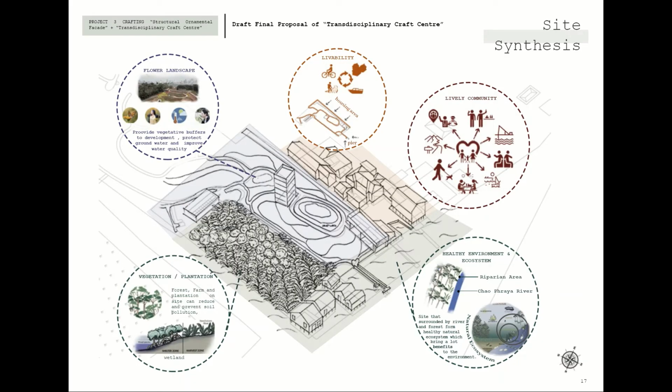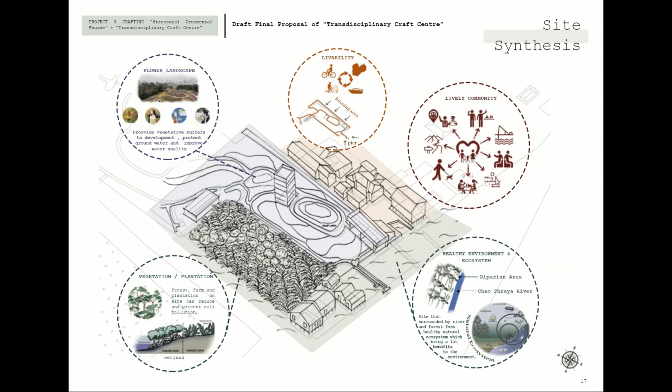Moving on to the Craft Central proposal, these are the site syntheses of Bokachao, because our chosen site is here. Starting from the bottom left, which is the vegetation plantation area and wetland, which helps to reduce and prevent soil pollution and regulate climate. Next is the healthy environment and ecosystem, which supports adaptation to climate change within a city environment.